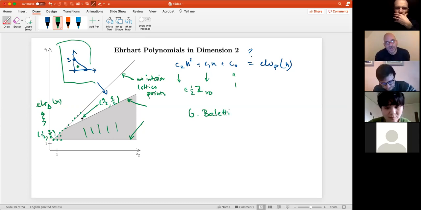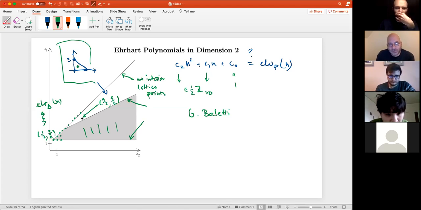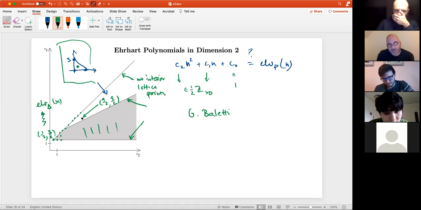He has some recent papers where it's basically very serious experimental math, where he tries to smartly compute this picture in dimension 3. And so you'll see very, very pretty pictures. But this classification problem is open in dimension 3. And as I said, embarrassingly, we don't even know qualitatively what to expect.